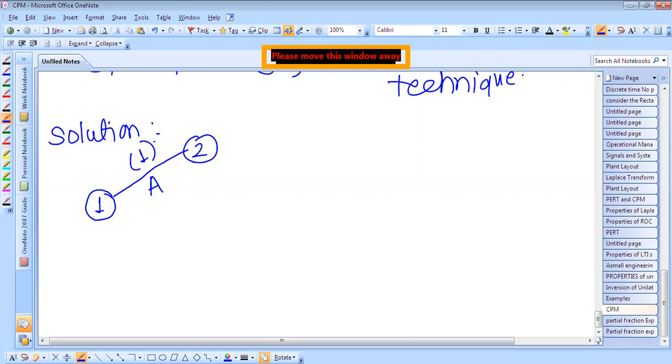Second is await delivery of the material. Once we have put the orders, we have to await the delivery of the material. This is the awaiting period, or we can say this is the activity, which we can call activity B.